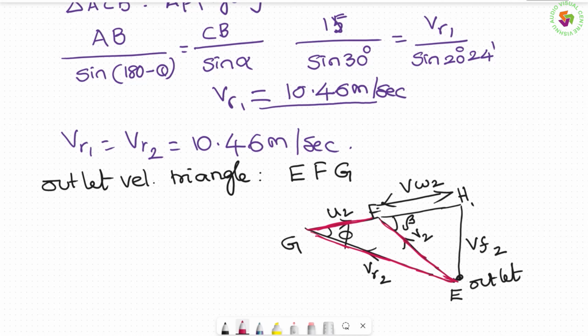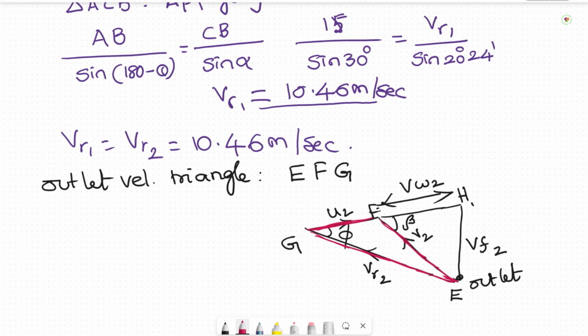Right. If you take this as the velocity triangle, kindly remember what our job is. We have to find out beta and we have to find out V2. These are the two things on our agenda.